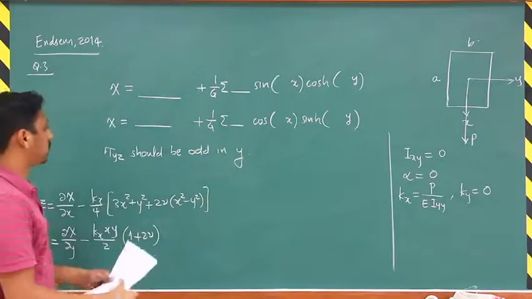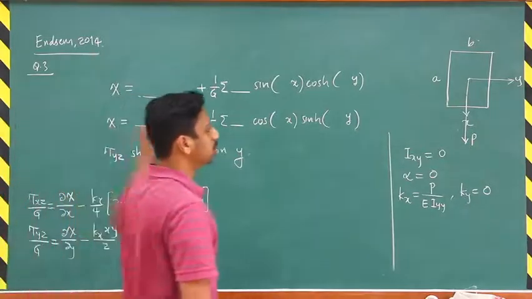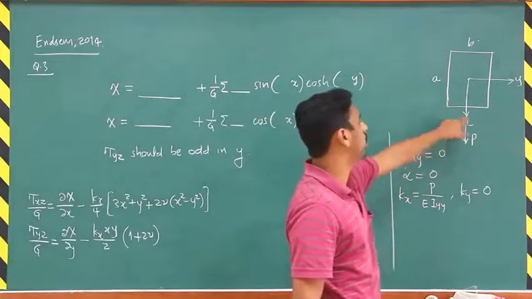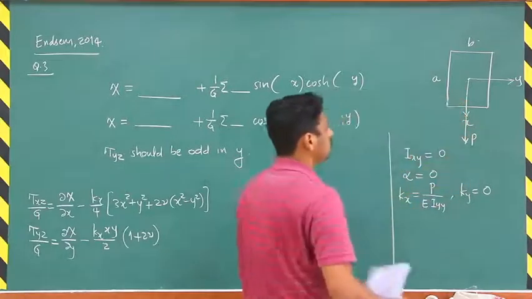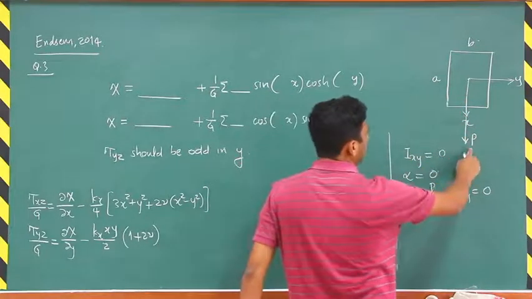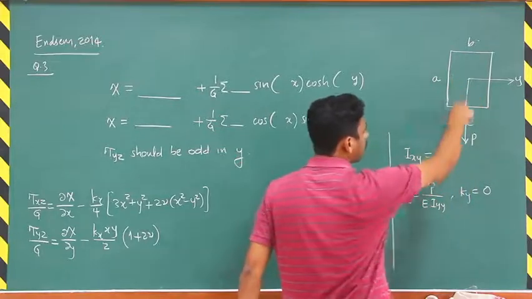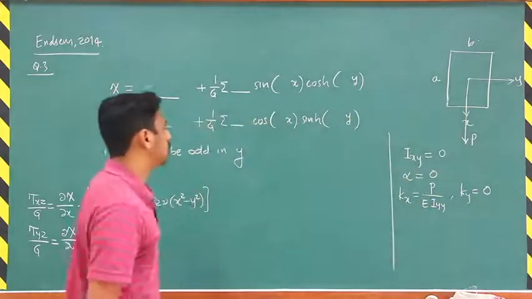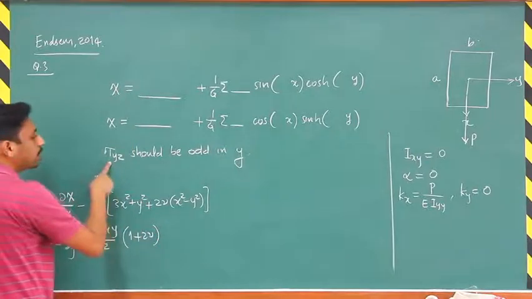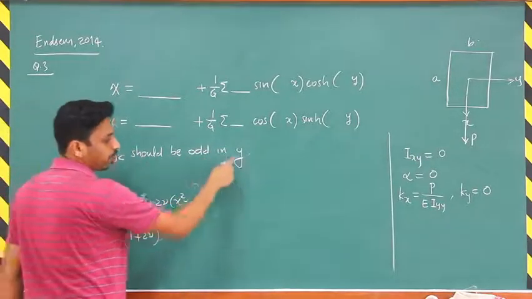This statement has come out of the loading condition and the geometry of the cross section. So this load P is applied at the centroid of the cross section and along the x-axis. So we expect this tau yz component to be odd in y.